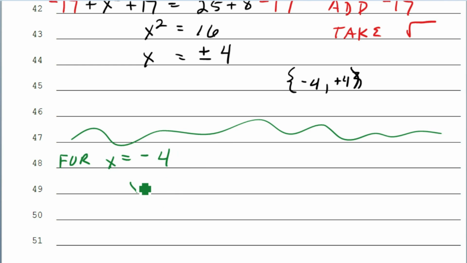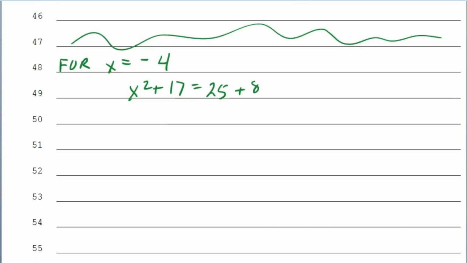We had our original equation, x squared plus 17 equals 25 plus 8. And all we do is stick in the value minus 4 for x. So you have minus 4 squared plus 17 is going to equal, or should equal, 25 plus 8.